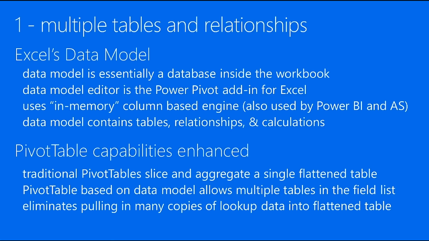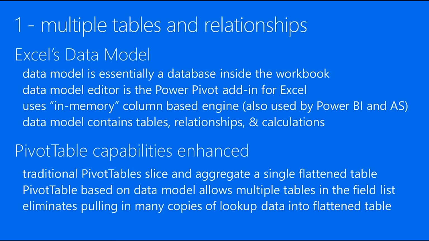How many of you used to have a table of data and then another table somewhere else, and you use VLOOKUPs to bring that data from the other table over? Okay. We eliminate the need to do all those VLOOKUPs and to bring those columns over, because in traditional pivot tables the field list is just a single set of fields for a single table. Here, as you're going to see in a moment, we have multiple tables, and the field list is a little bit more complicated. It's no longer necessary to copy that data over.